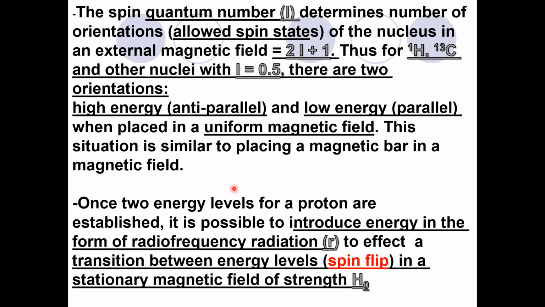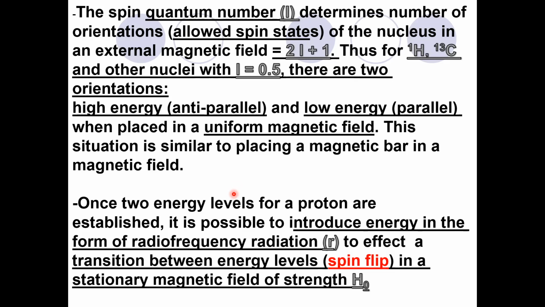The NMR phenomenon is not observed in the absence of a magnetic field, because in the presence of a magnetic field the nuclei will be oriented either with the field or against the field. In the absence of a magnetic field, the nuclei will be randomly oriented.